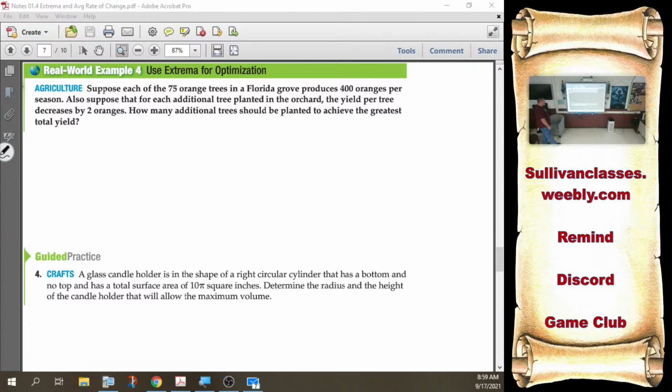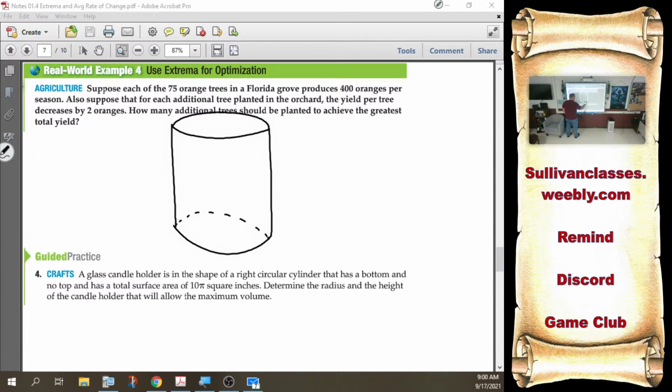Glass candle holder in the shape of a right circular cylinder. Candle, cylinder. Right means that the height is perpendicular to the base. It's not a glass jar that's tilted. Okay?